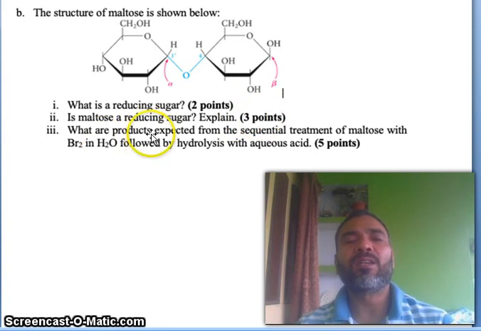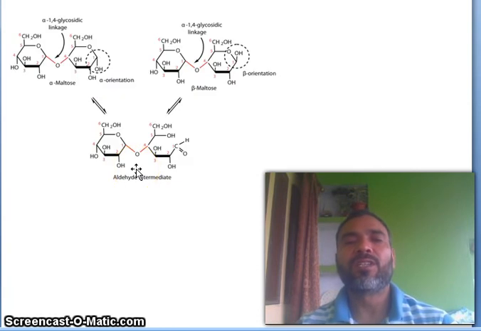And what are the products expected from the sequential treatment of maltose with bromine in water followed by hydrolysis with aqueous acid? 5 points. So just remember the structures and give the answers to these 3 questions. You see how this alpha maltose and this beta maltose are interconverted through this anomeric carbon and rotation of carbon 1 and carbon 2.